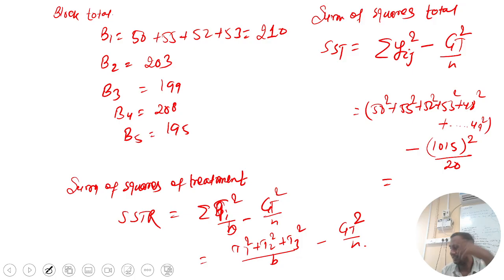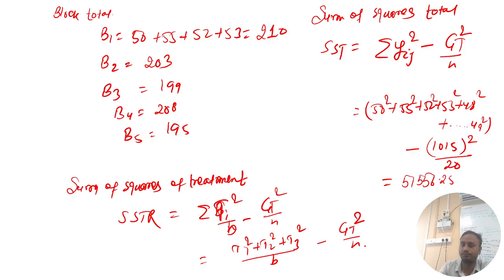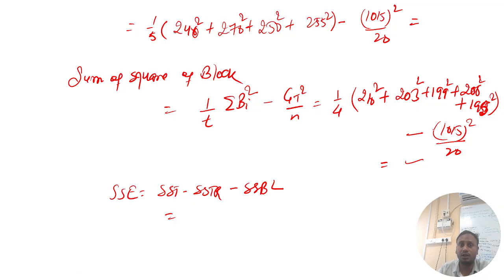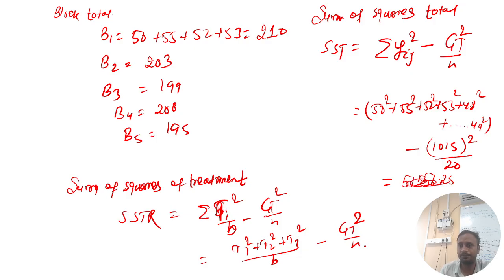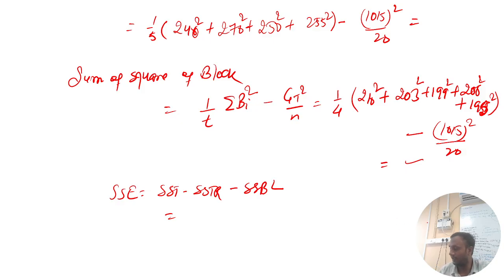If you see SST, it will come 533.75, from 52090 minus 51556.25. SSTR came 324.75.